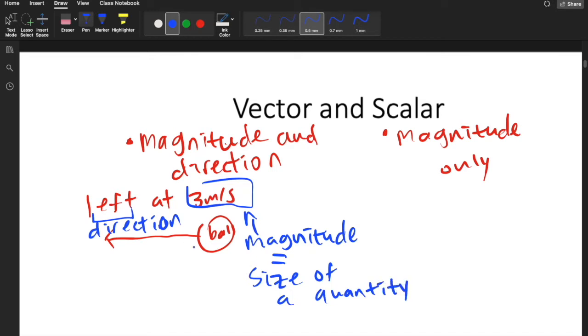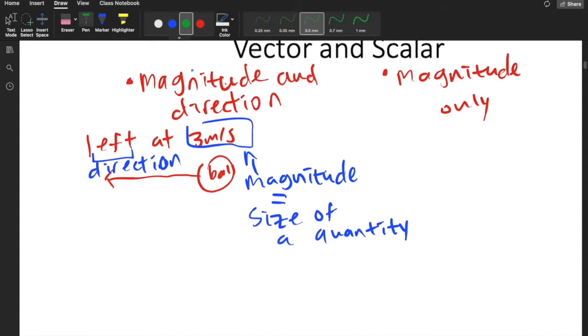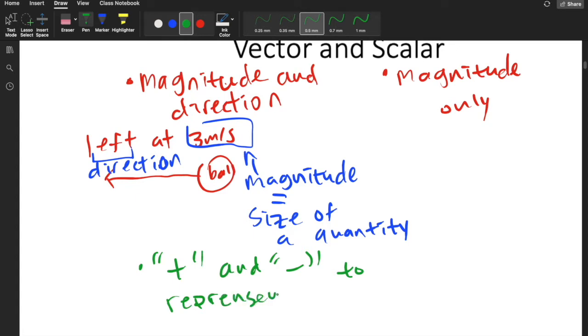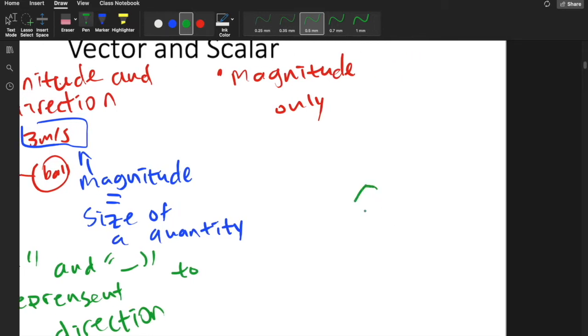However, writing all those words like to the left, to the right, can waste a lot of time. So scientists decided to use positive and negative signs to represent direction. Let me draw a simple coordinate system here.